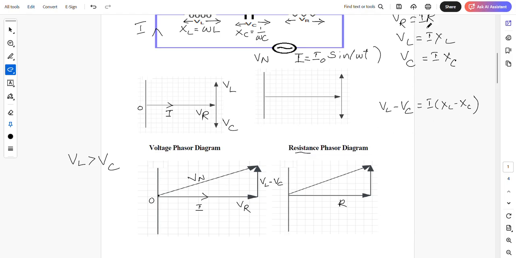For VR equal to IR, the resistance part is R. In case of VL minus VC, the resistance part is XL minus XC, right? And what is the net voltage? VN is equal to I into Z, and the resistance part is Z.